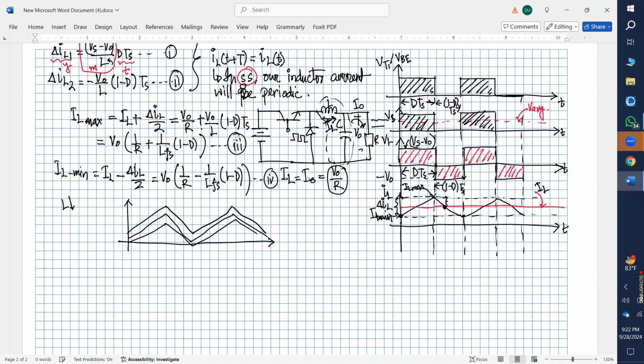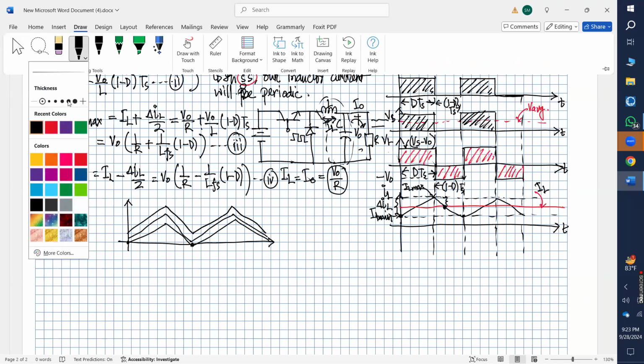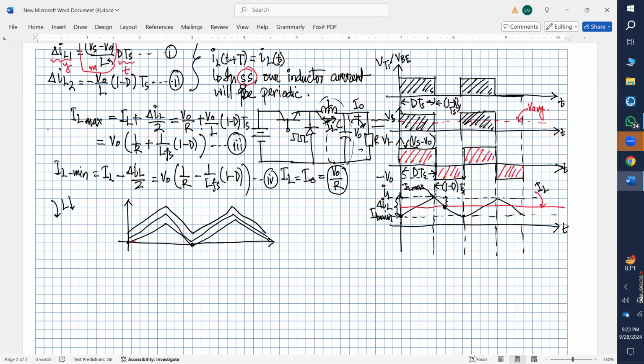Until it reaches a minimum value of inductance for which you will have a zero starting current for each and every switching cycle. If you further decrease the value of the inductance, then the inductor current will look like this.